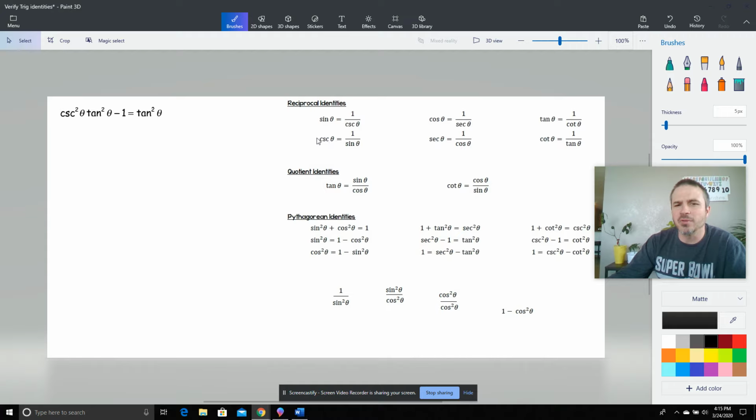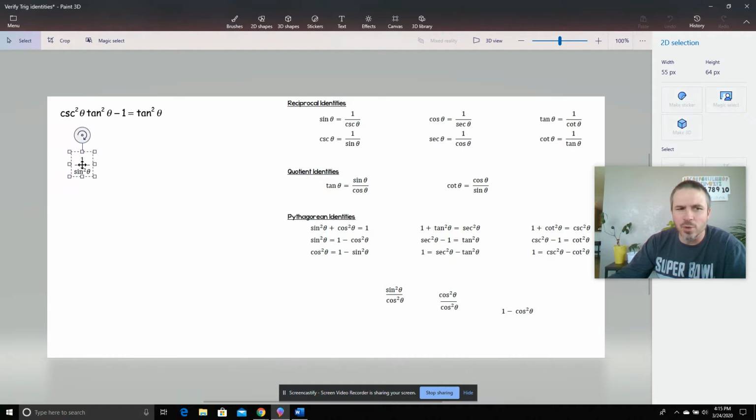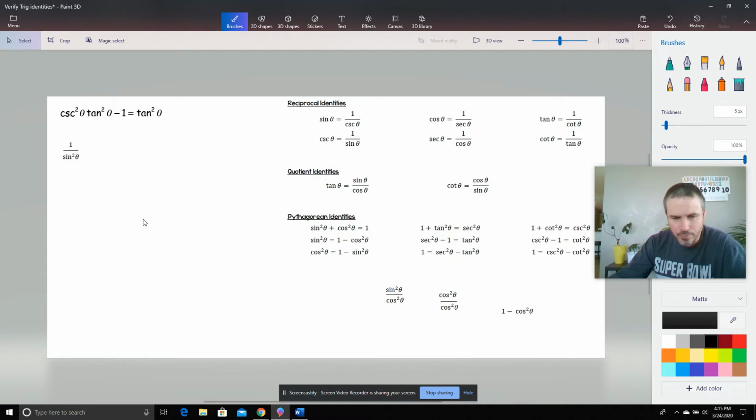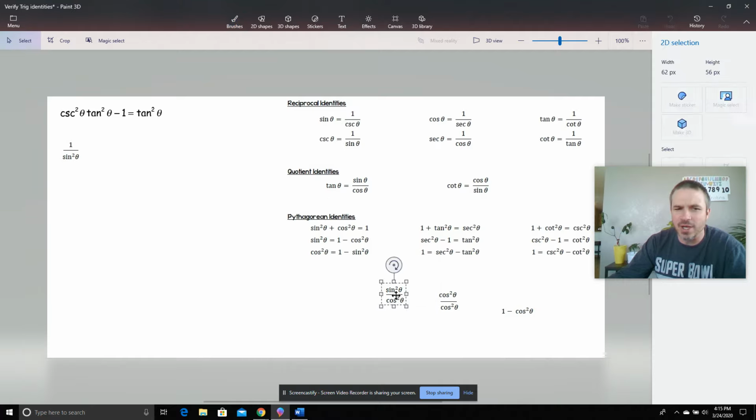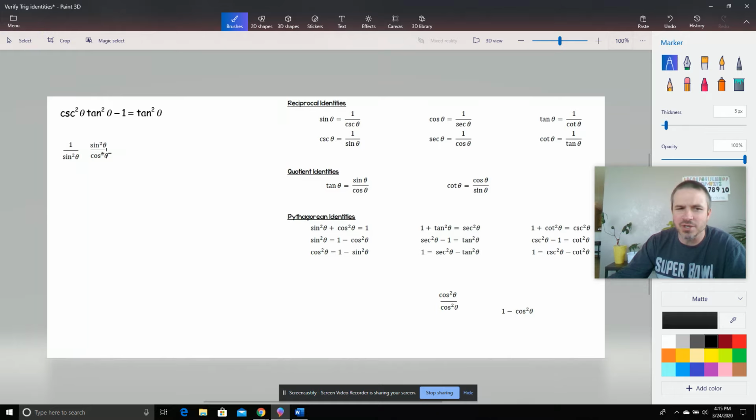So cosecant squared of theta would be the equivalent of 1 over sine squared of theta, so we're going to trade cosecant squared of theta for this guy. We're going to have tangent squared here. Well, again, we can use this quotient identity to make it look like this, right? So this is tangent squared. I'm just, again, using that strategy of turning everything into sines and cosines. And remember, we got multiplication in between those.